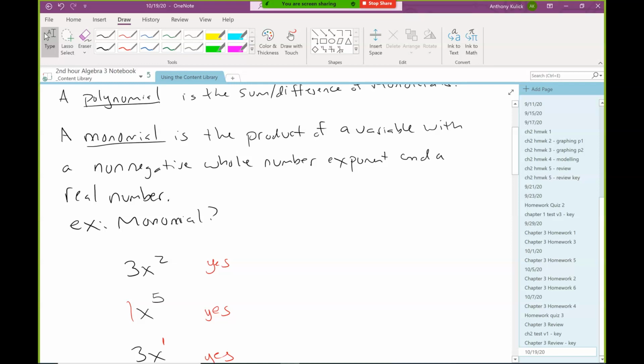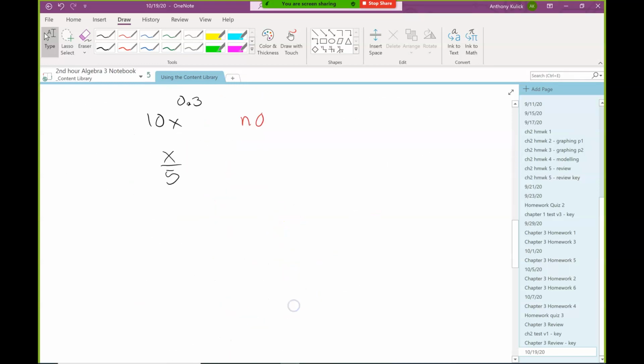No. A factor. It's not a product. So you're saying it's not a product. Put it this way. Isn't that the same thing? So this should be yes. Right? 2 times 1/3 is 2/3.